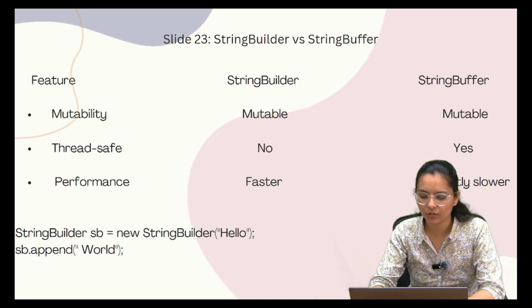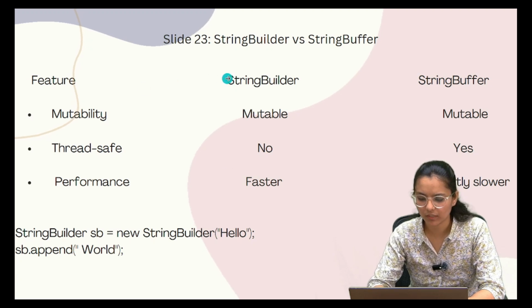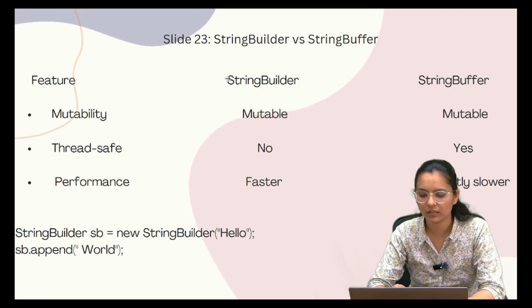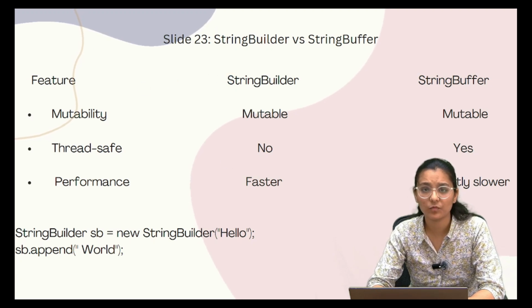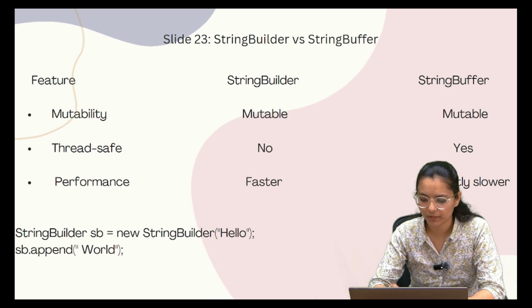Both are used when we want to modify a string, like adding or changing text, because normal strings are immutable and these two are mutable.